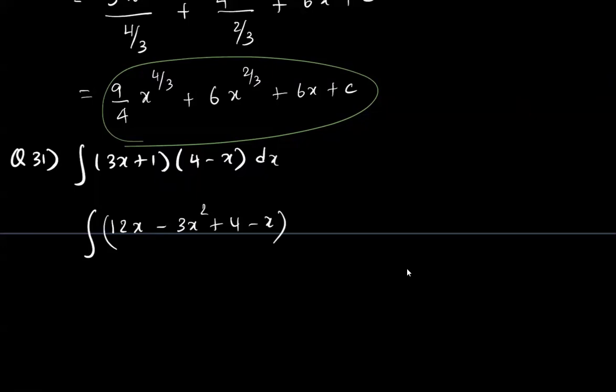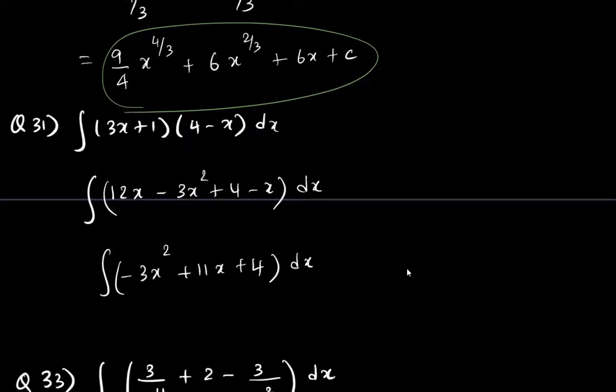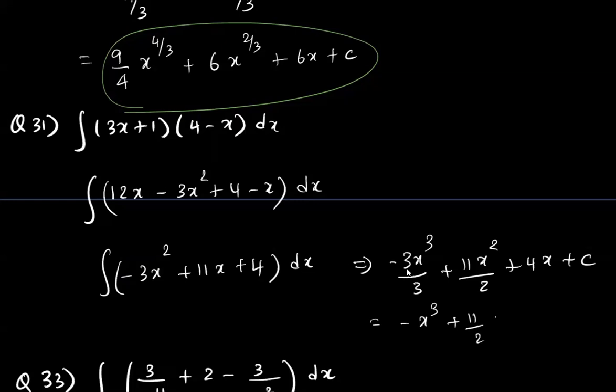So this is what I have. I combine the like terms. I have negative 3x squared plus 11x plus 4, and then I take the integral of this, and my answer will be negative 3x cubed over 3 plus 11x squared over 2 plus 4x plus c. And this can be simplified to negative x cubed plus 11 over 2 x squared plus 4x plus c as your final answer.